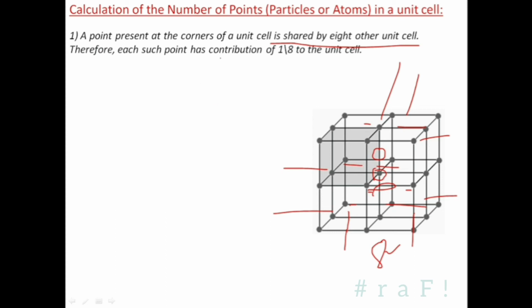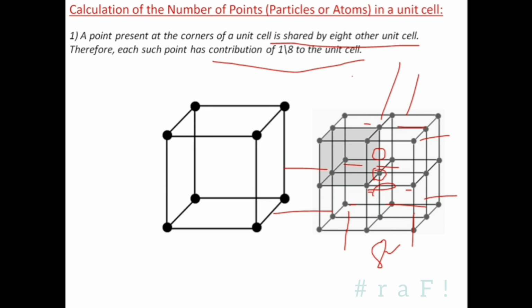Therefore, its contribution to each unit cell is 1 by 8. See this one, this is a unit cell, and the corner atom present in this unit cell is 1 by 8. Not only this center atom, this one also is shared with surrounding atoms, this one also, this one also. Every atom present at the corner is shared with its surrounding neighbors.